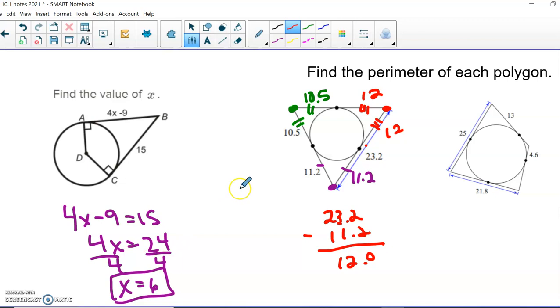Hold on one second. Let me try that again. So we have 21 plus 24 plus 22.4. And it looks like the perimeter of our polygon, if I add up all of our pieces, turns out to be about 67.4.